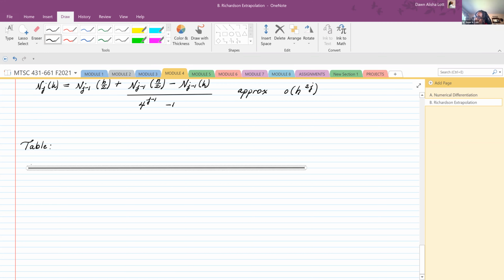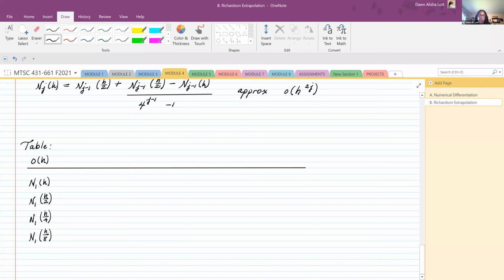And then this is order H. And so you will compute first N1 of H. So you will do that first. Then you will compute N1 of H over 2. Then you will compute N1 of H over 4. And then N1 of H over 8.